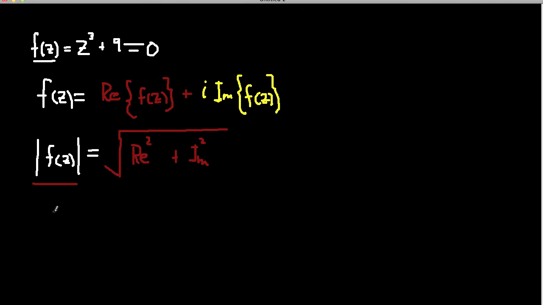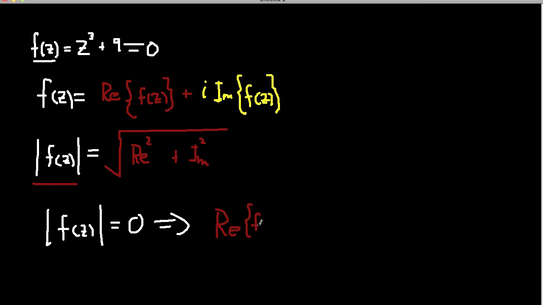So I can say that when the modulus of f of z is equal to 0, this implies that the real part of f of z equals 0, and the imaginary part of f of z is equal to 0.